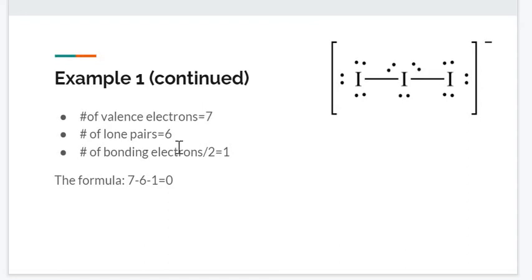So once we do 7 minus 6 minus 1, we get 0. So 0 is the formal charge for the side iodine. As you can see, the side iodine over here is the same as the side iodine on the other side, so we're really not going to repeat the whole process again. We already know that the iodine on the other side is going to have the same formal charge.